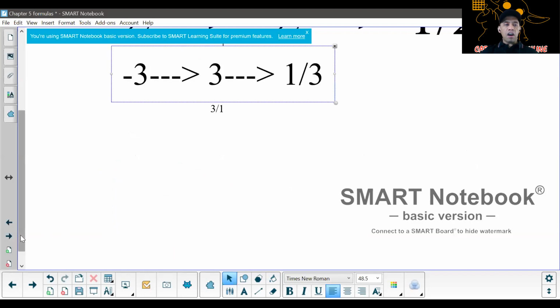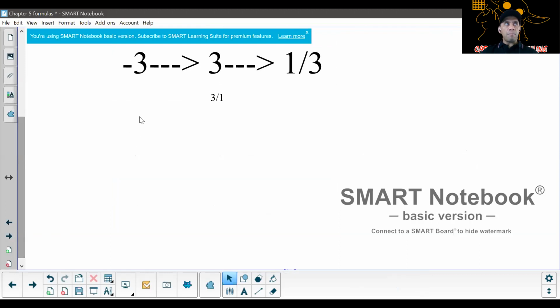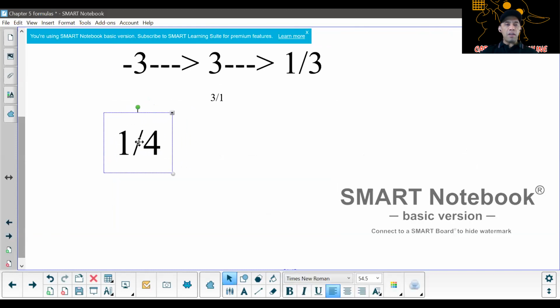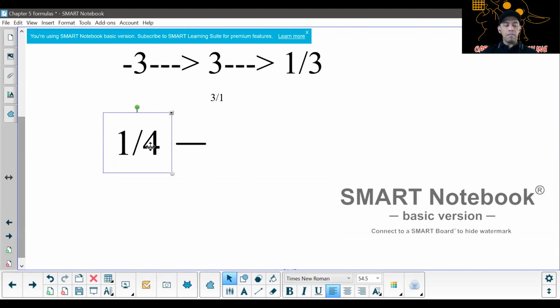Now, just to toss up another example, let's throw in a fraction. So let's pick, I don't know, 1 over 4. We're going to do this exact same way. So we had 1 over 4 here, and we change it to the opposite sign. From 1 over 4, this would just become negative 1 over 4.